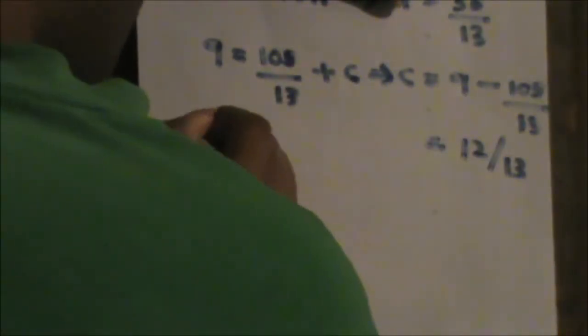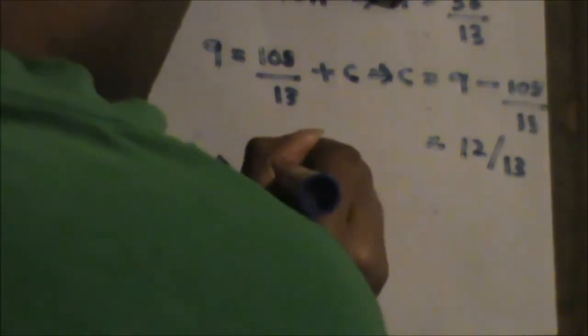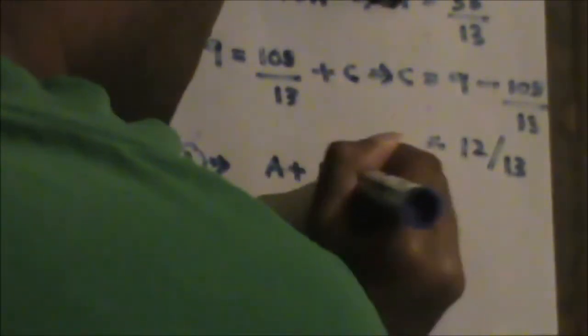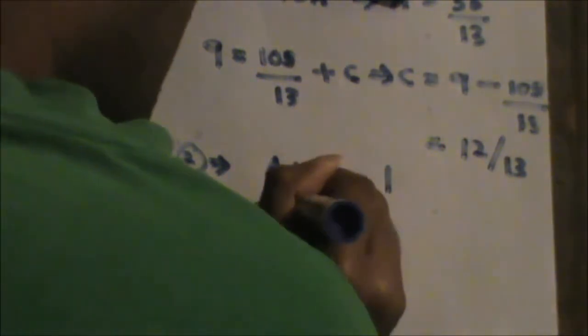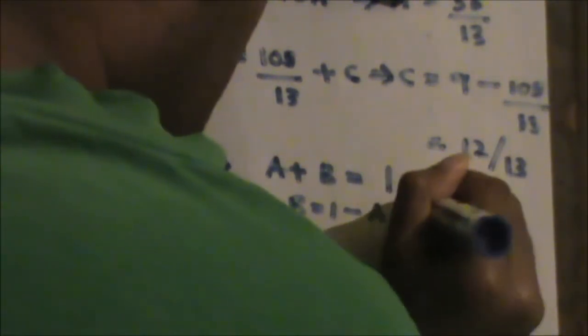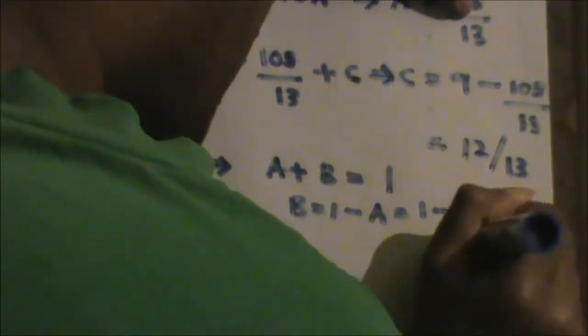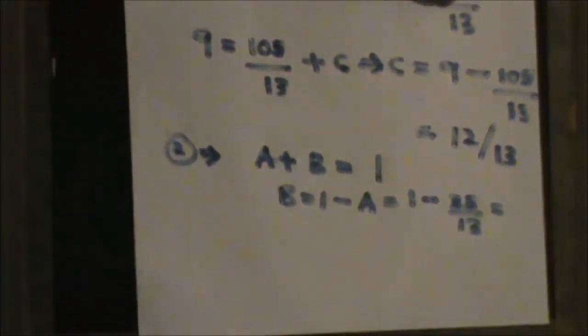A plus B is equal to 1. So B is equal to 1 minus A, which is 1 minus 35 by 13. 13 minus 35 is minus 22 by 13.